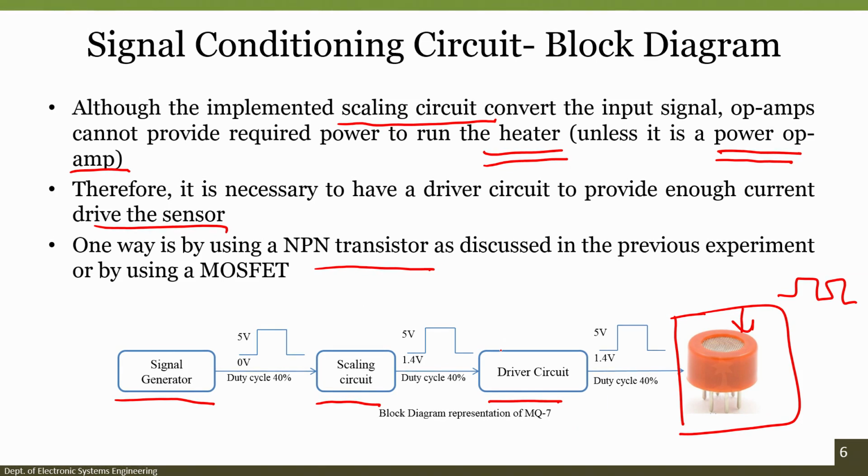Now let us focus on how we get this from the source, which is 0 to 5 volts. How do we design a scaling circuit so that we get this 1.4 to 5 volts? I am sure you would be thinking, why don't I just use a clipper circuit and a clamping circuit to achieve the two levels of voltage required?